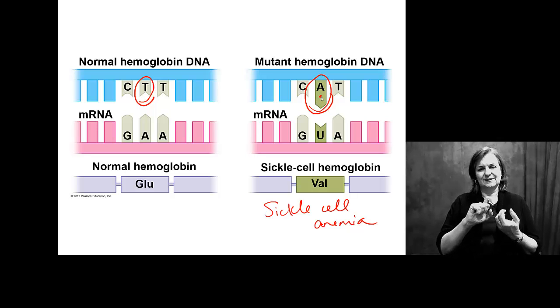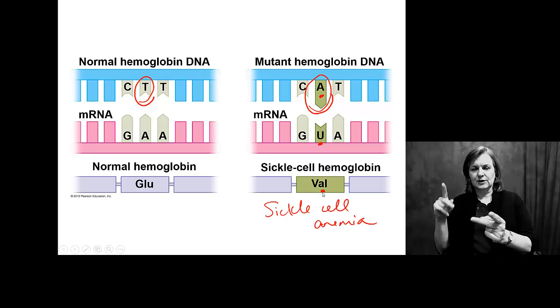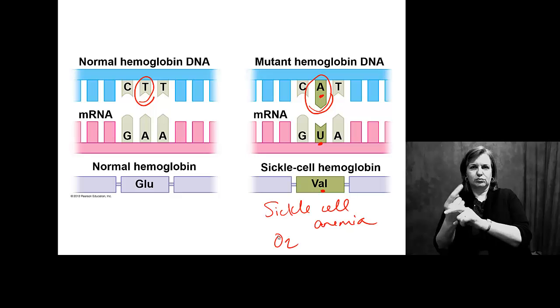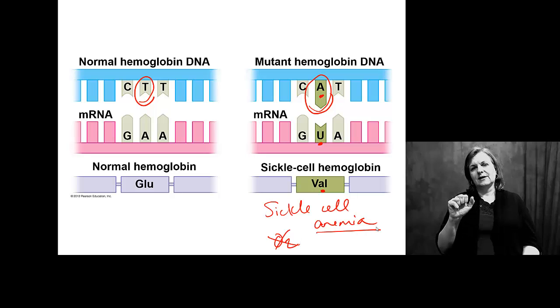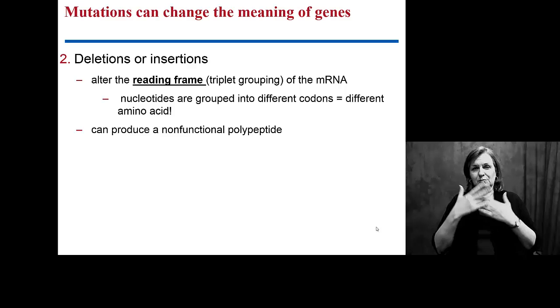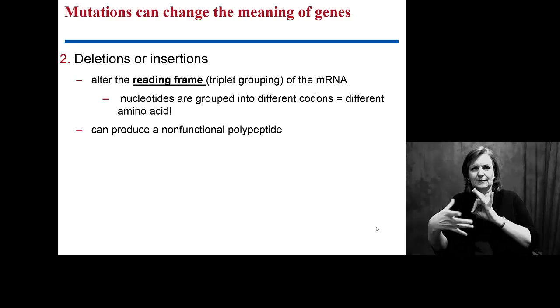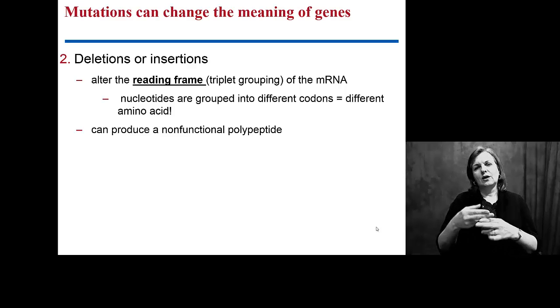Because that one base pair changes the mRNA, changes the amino acid, the protein doesn't fold properly, it doesn't carry oxygen properly, and you end up with anemia, or the inability to transfer oxygen properly in your body. That's a single, what we call point mutation.